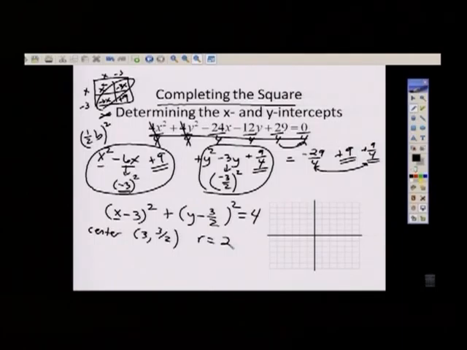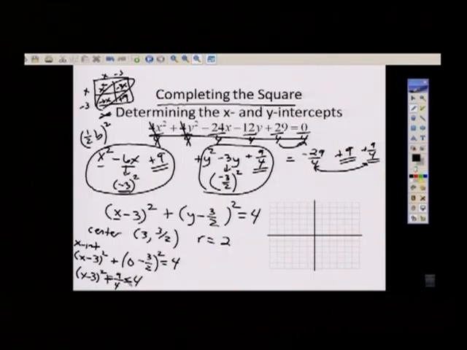Now I would like to determine the x and the y intercepts. To find the x-intercept, I'm going to put 0 in for the y. If I do that, I get (x - 3)² plus 9 fourths equals 4.